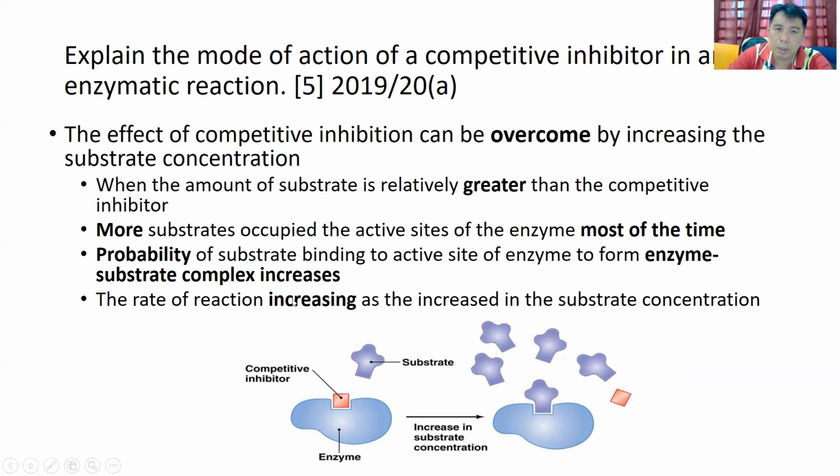Then the rate of reaction increases as the substrate concentration increases. You see, when you increase the substrate concentration, the probability for the specific substrate to bind to the active site increases compared to the competitive inhibitor. So more enzyme-substrate complexes form, and more products will be formed.